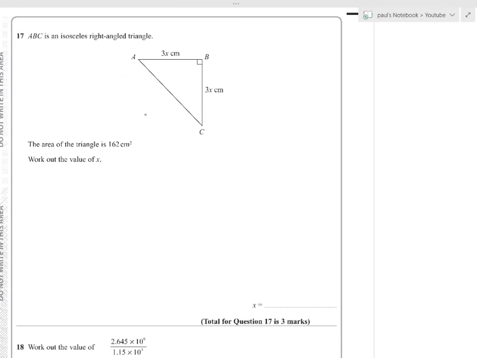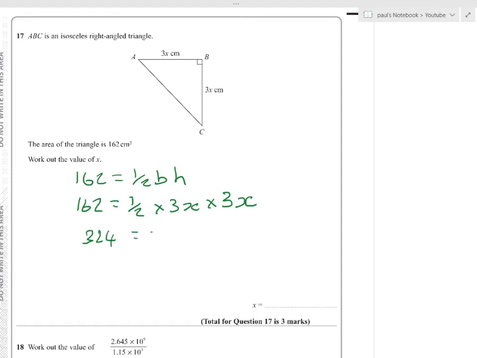ABC is an isosceles triangle. The area of the triangle is 162. Work out the value of x. So 162 equals half base times height. So 162 equals a half times 3x times 3x. So let's divide that by a half. So that's 324. 324 equals 3x times 3x.